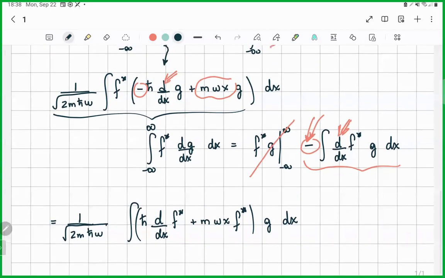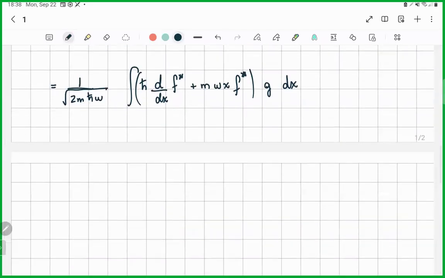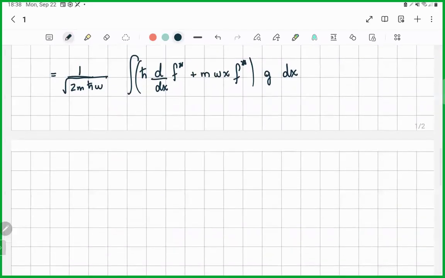And now, what is it that I have acting on this function, complex conjugate of f? We can rewrite that in the following way. We have this constant, and now I can put h bar, m, omega, x, these are all real things. So I can put all these, including the derivative, inside the whole complex conjugate.